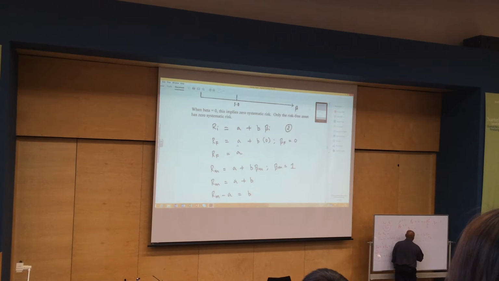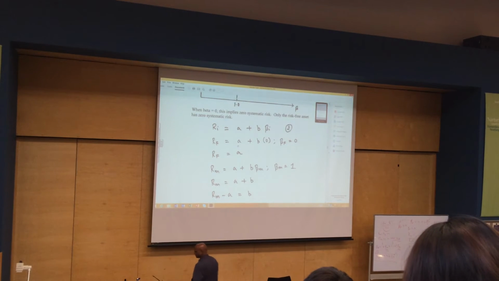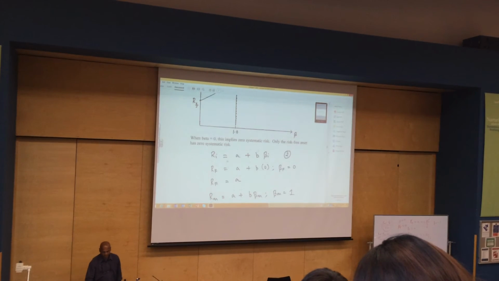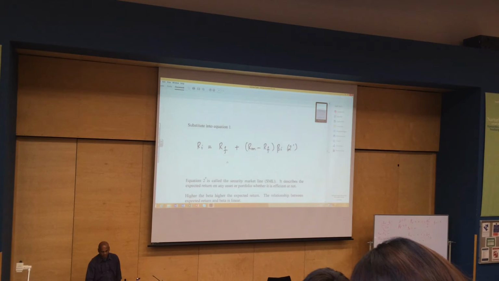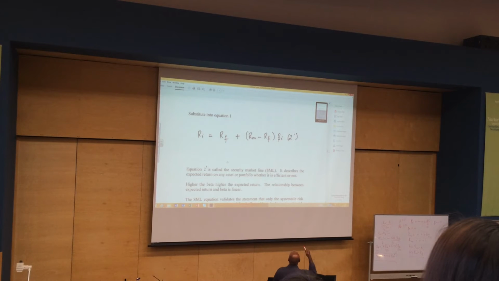B is equal to Rm minus A. Right? You with me? What is A equal to? So B is equal to Rm minus Rf. And that's the equation right there.